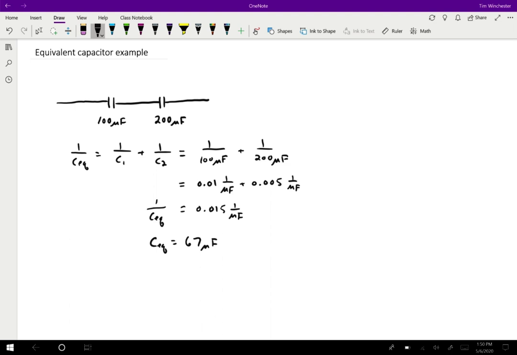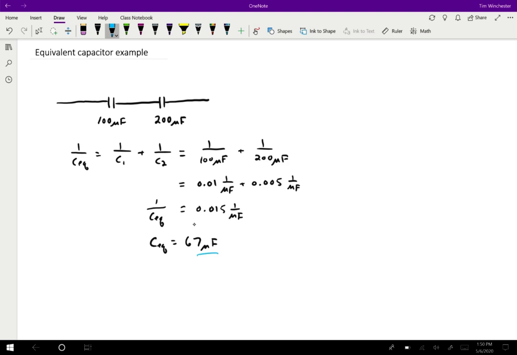Okay, so it's a bit of a weird calculation, but you'll get used to doing these, I think. And there are a few things that you should notice. One is that by being careful about the units, you actually can prevent yourself from making some common mistakes. You know that your capacitance needs to come out in microfarads.